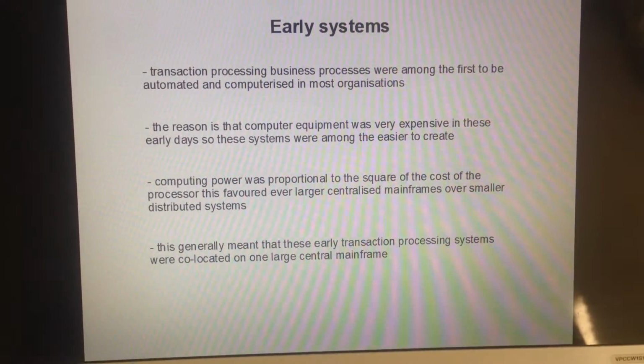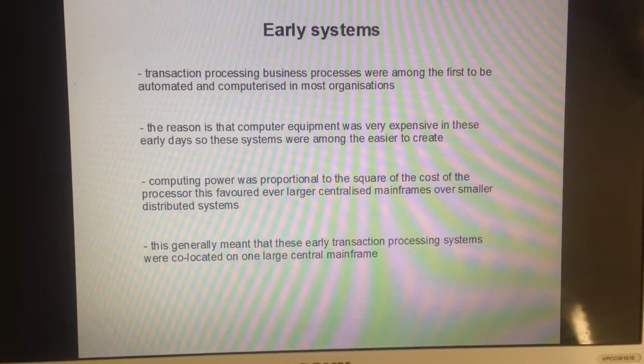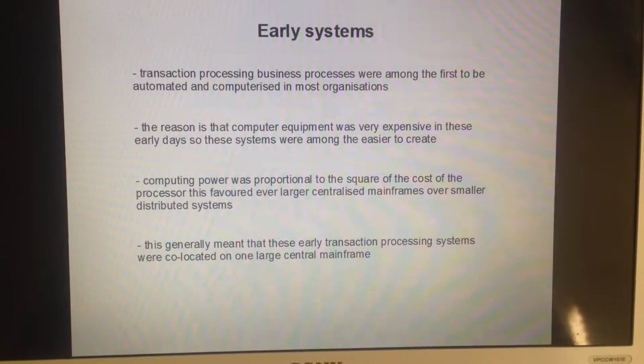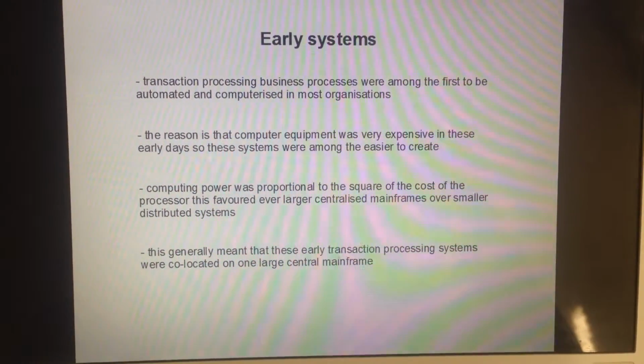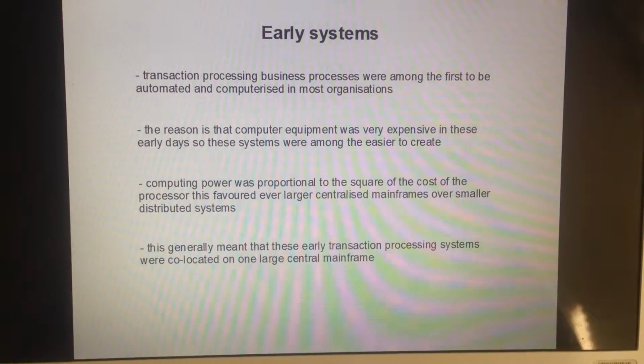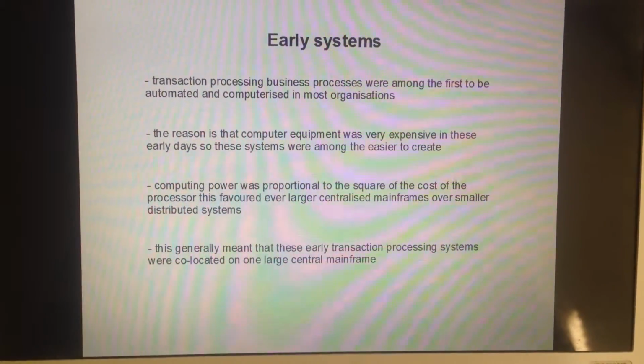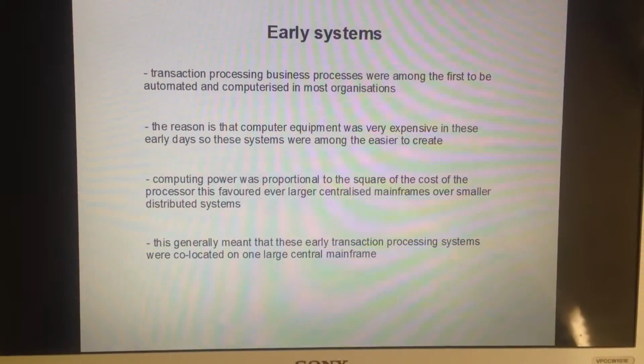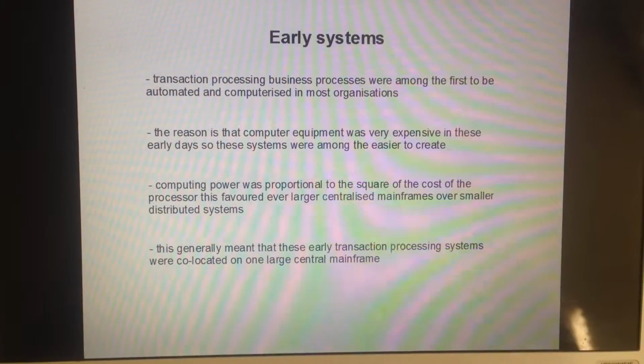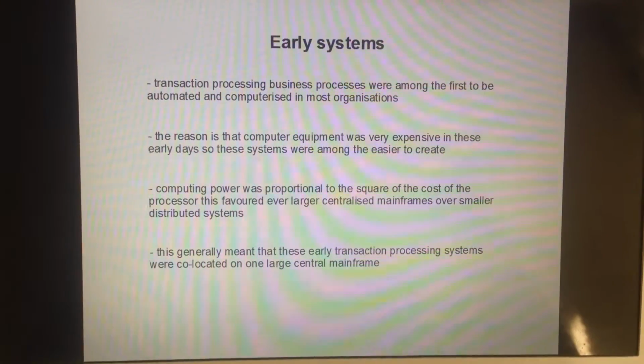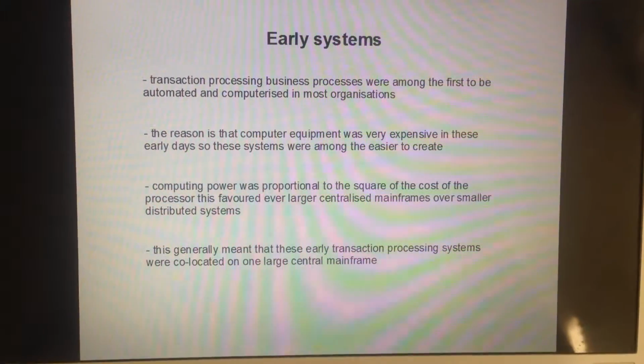Talking about early systems, transaction processing business processes were among the first to be automated and computerized in most organizations. The reason is that computer equipment was very expensive in these early days, so these systems were among the easier to create.